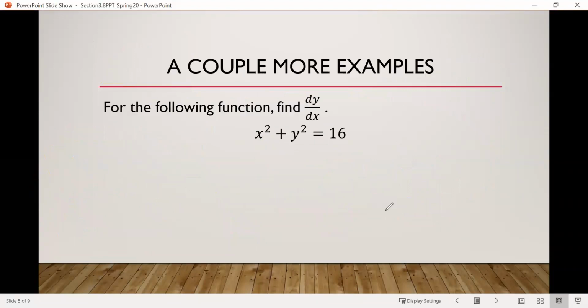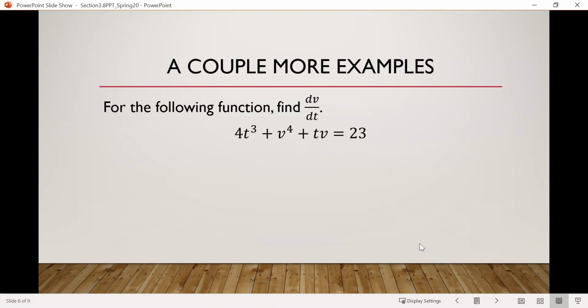So here now, we have this function, and actually, yeah, we'll call it a function. They want us to find the derivative of y with respect to x. And the function here is x squared plus y squared equals 16. Hopefully some of you recognize this form as the equation of a circle.